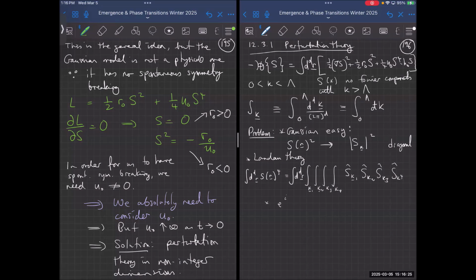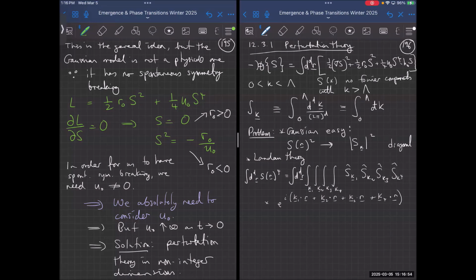So it's e to the i k1 dot r plus k2 dot r plus k3 dot r plus k4 dot r. So all I've done is substitute the Fourier transform of S into the expression for the integral dr of S to the 4th. So that's what I have.